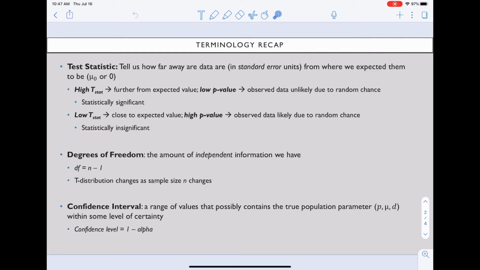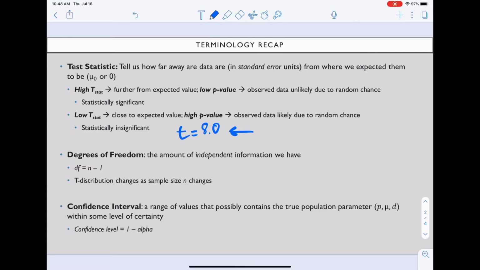So if we calculate a test statistic for our data, and it might be, I'll write this out, maybe t equals 1.8, whatever, that means that we were 1.8 standard error units away from where we expected the data to be. And so the bigger this value is, the further we are. So if we got a t-value of 8, that means that we are further away.